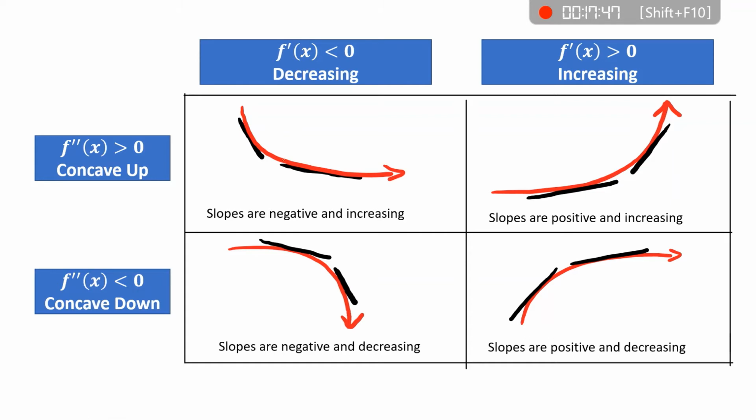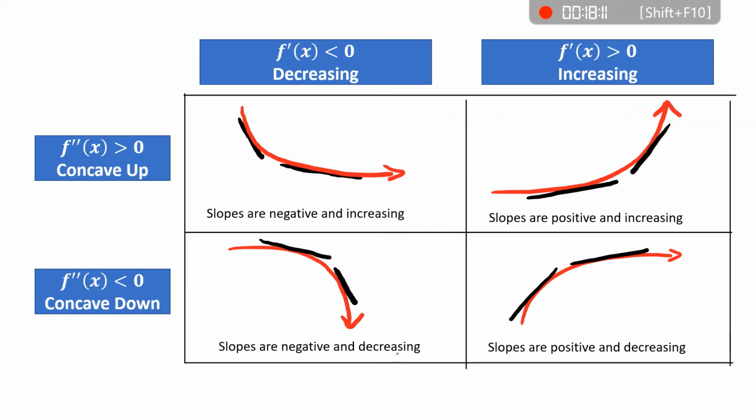So here it is again. My slopes are negative for this one, but as we keep going, the slopes are getting less and less negative. So my slopes are negative, but they are increasing. If I'm going concave down, my slopes are negative, but they're getting more and more negative. My slopes are negative and decreasing.